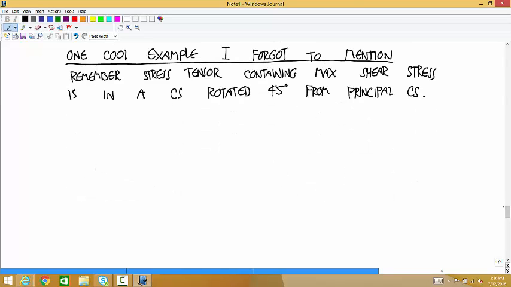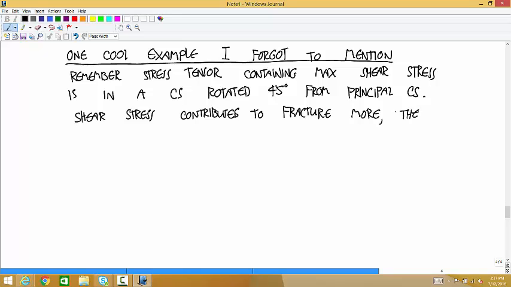And the more brittle a material is, the more important the maximum shear stress is for determining when it's going to break. The more brittle a material is, the more completely it breaks due to shear. So shear stress contributes to fracture more the more brittle the material is.